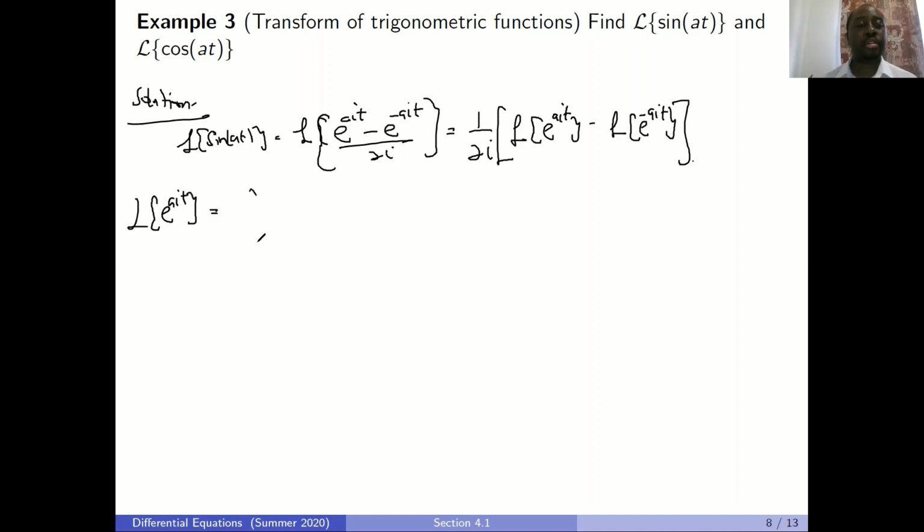By definition, this is the integral from 0 to infinity of e to the minus st times e to the iat dt. This is the integral from 0 to infinity of e to the minus (s minus ia)t dt.